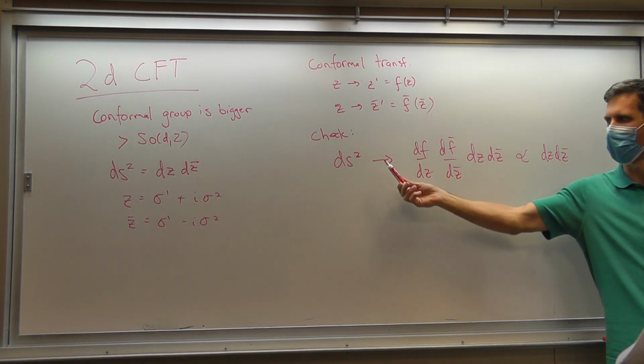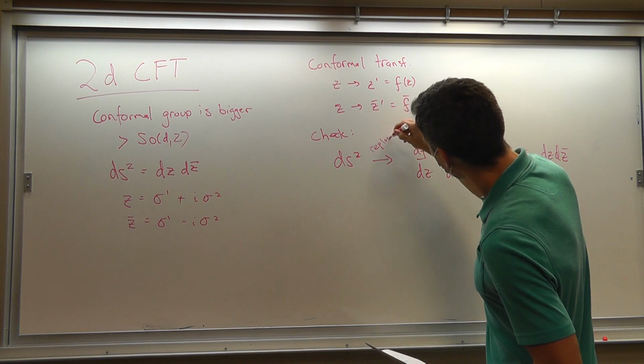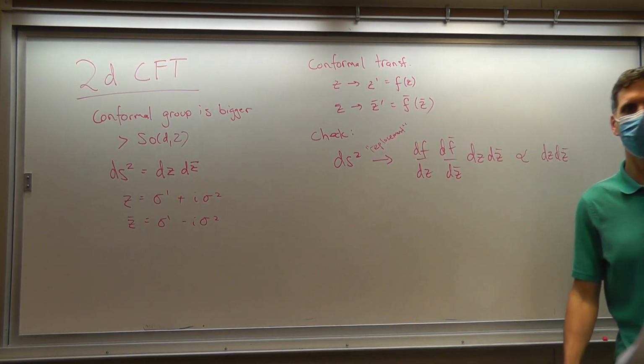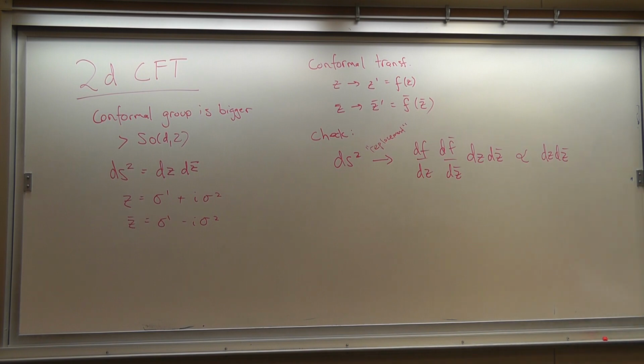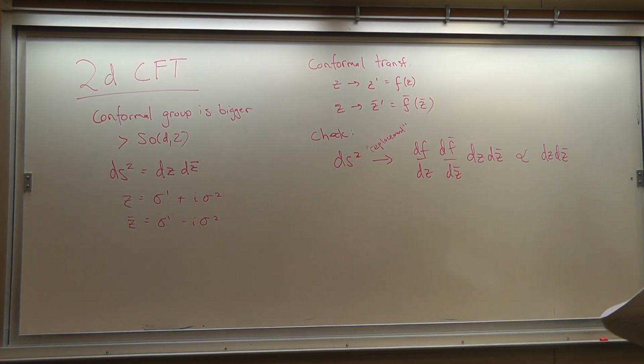Now, I'm writing this arrow. This arrow means under the replacement. And this is one way of checking whether a transformation is conformal. Of course, when we do conformal transformations, we typically are not doing anything to the metric, although we can think of it either way.